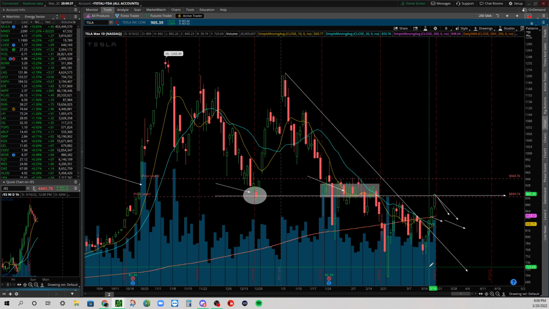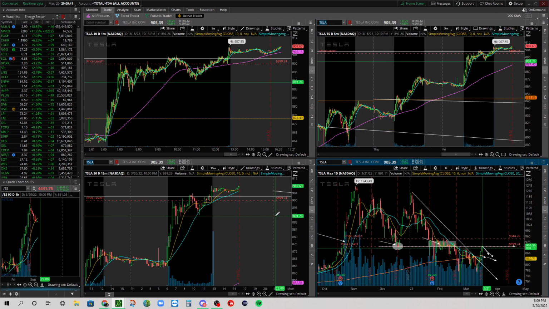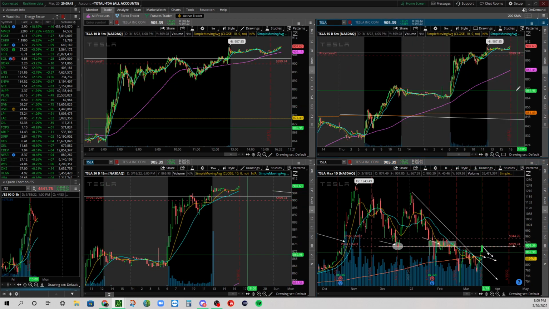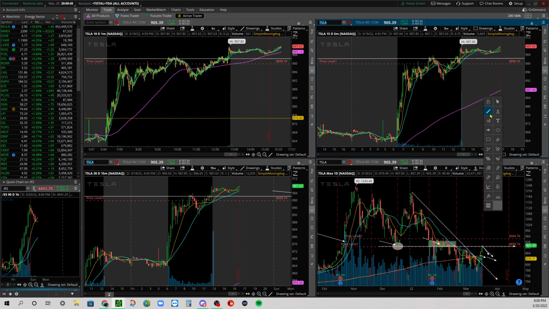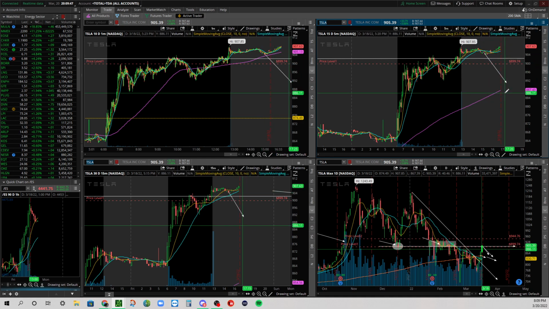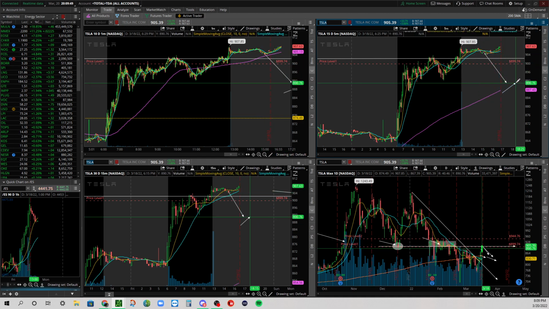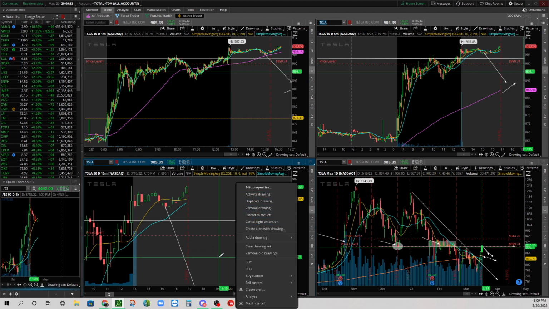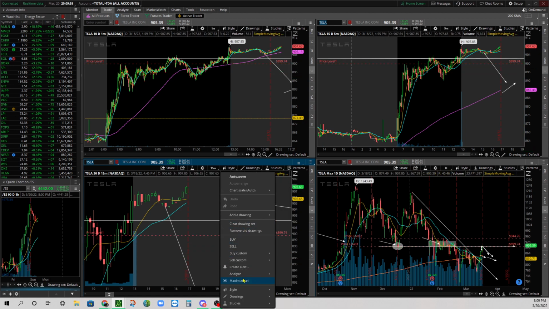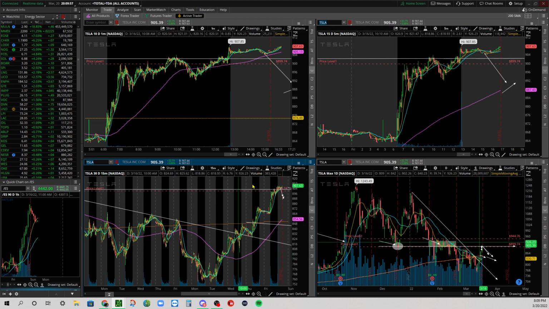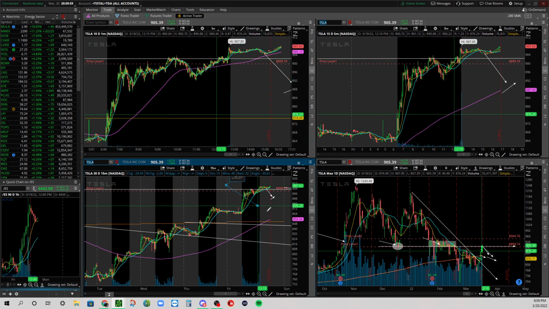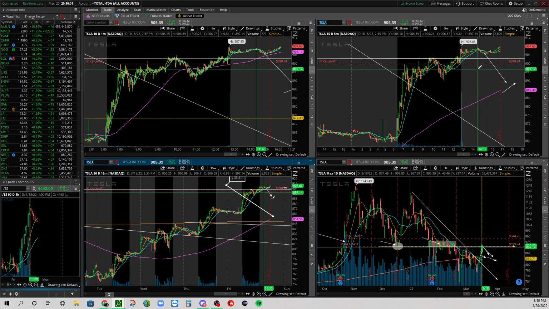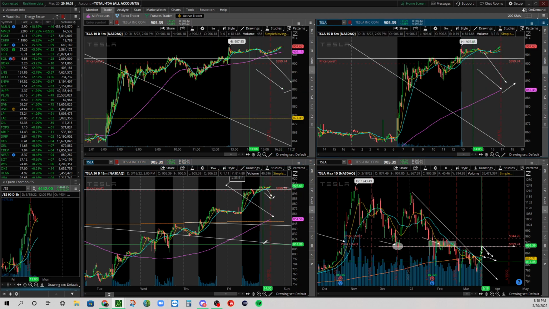Exactly. So if you're gonna play on the long side, again, you wait for the setup to dip. Let's say on the 5 minute right here, dip down to the 200 SMA, potentially buy that. If that breaks, then you have to expect that the 15 minute 200 would be ideally the target if it breaks this 5 minute 200.